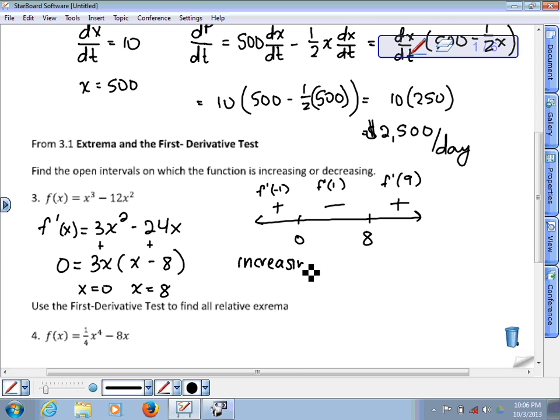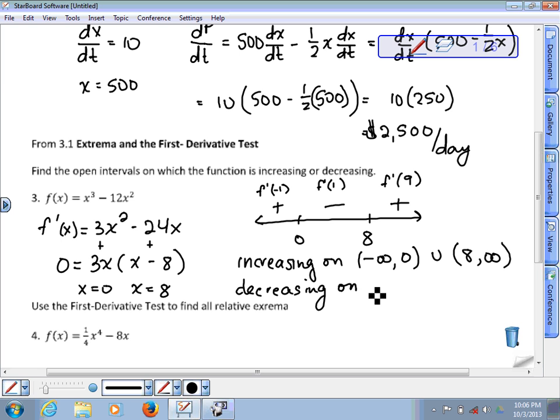Increasing on the open interval -infinity to 0, and there's another interval right here from 8 to infinity. This region that's negative right here is where the function is decreasing. That means that the tangent lines in that interval are going to have negative slopes because the function is decreasing. So it's decreasing on the interval 0 to 8.